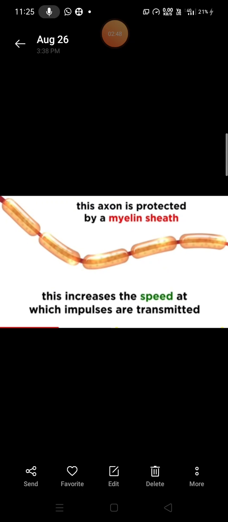The myelin sheath is an insulating layer around the axon of a neuron, and as you can see, this increases the speed of the nerve impulse and transmits the message or signal more quickly and more efficiently.